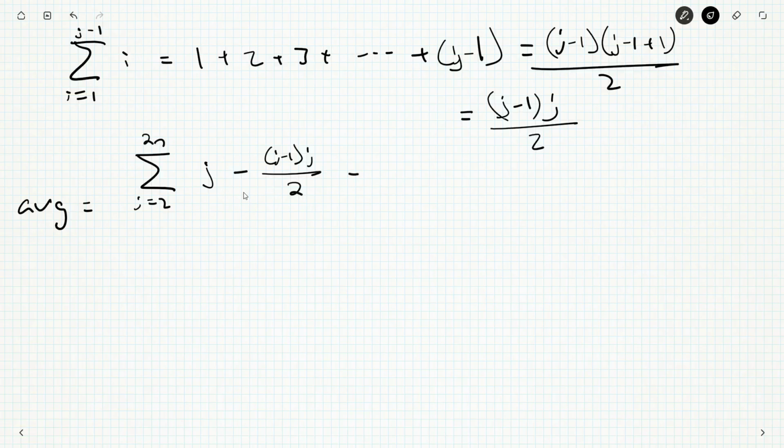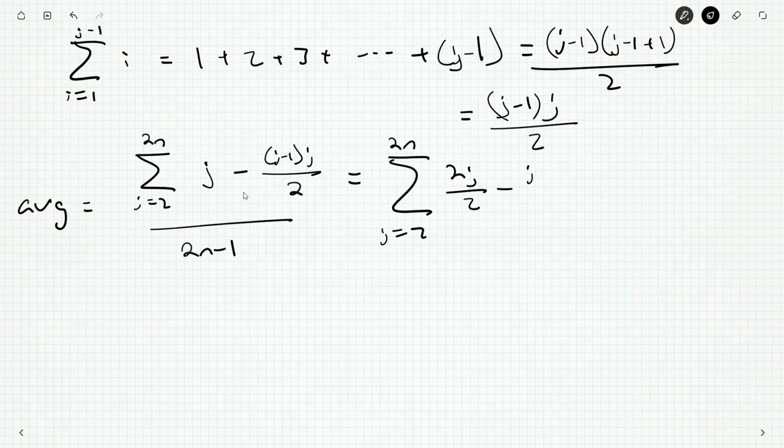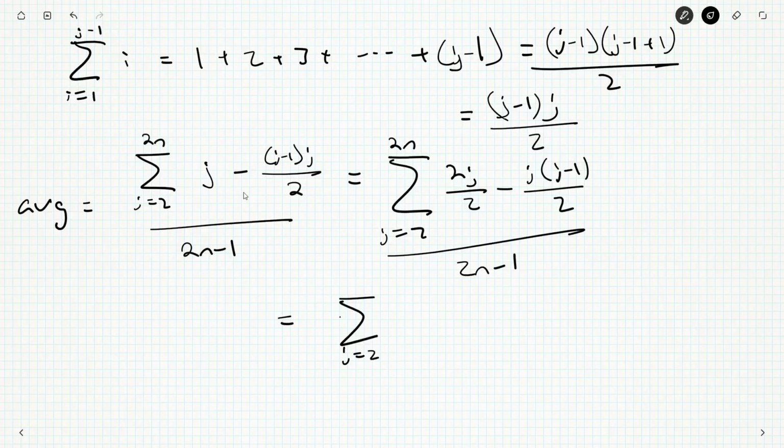Okay, and this is all over 2n minus 1. I'll write j as 2j over 2 minus (j minus 1) j all over 2, over 2n minus 1. Kind of wish I wasn't carrying this 2n minus 1 around with me, but that's okay.